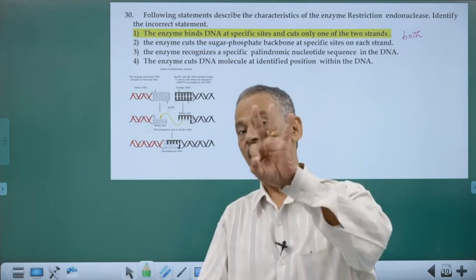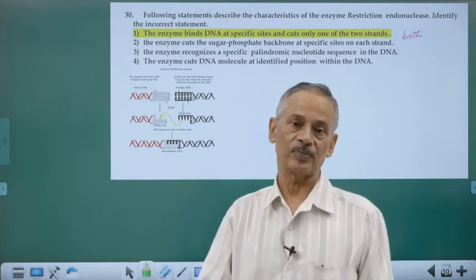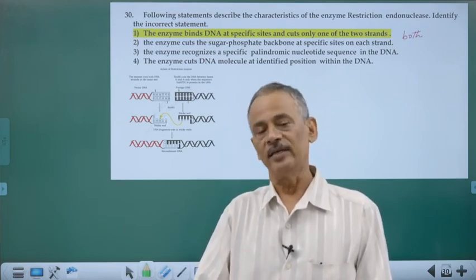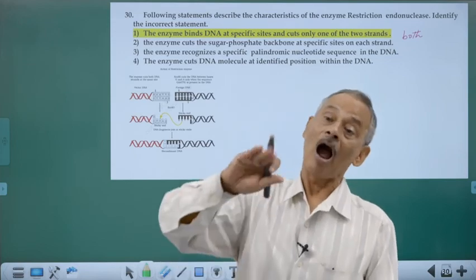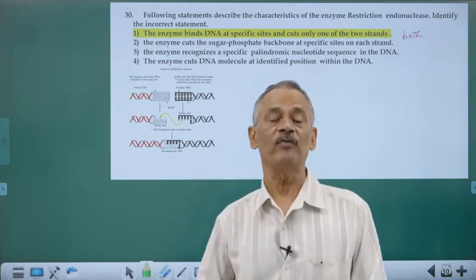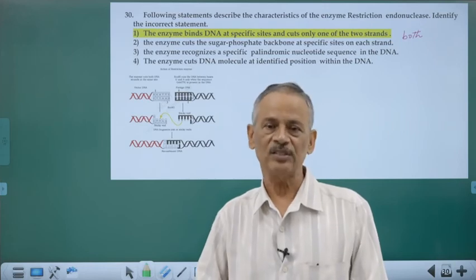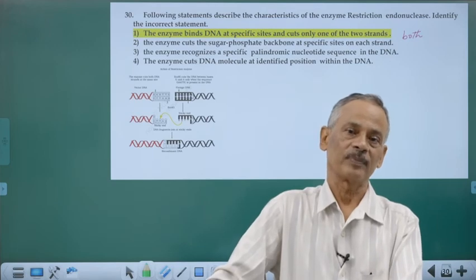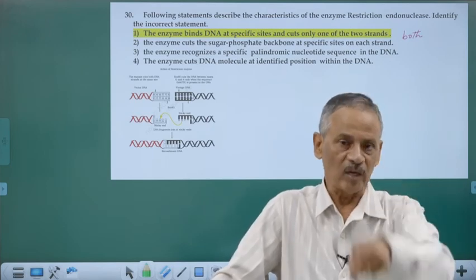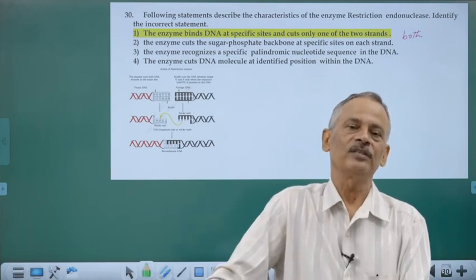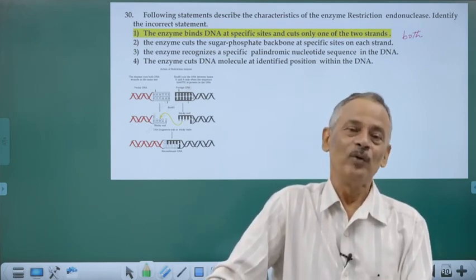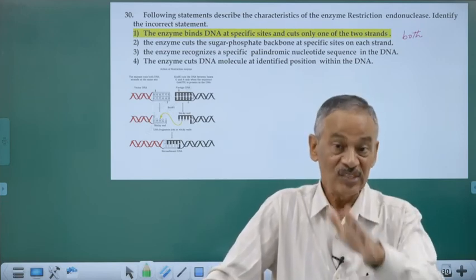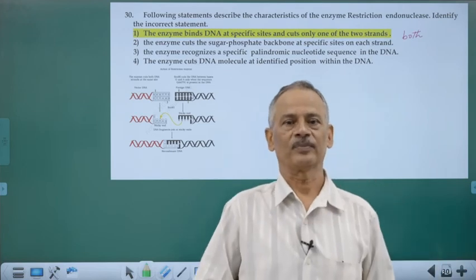Actually, there are 3 types of restriction enzymes based upon how they cut. Types 1 and 3 will cut outside their recognition sequence. That is why we don't use them, because they cut away from the recognition sequence. Whereas type 2 alone will cut within it. That's why we use it. We use type 2 enzymes, which recognize a sequence and cut within that recognition sequence.